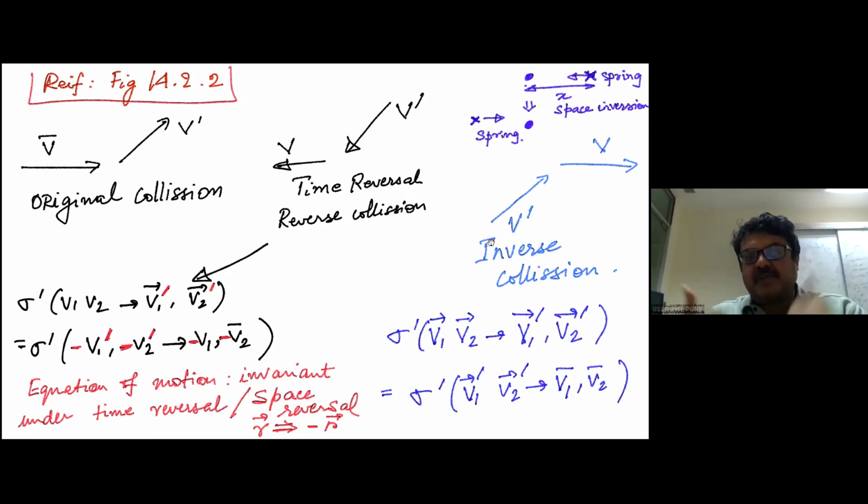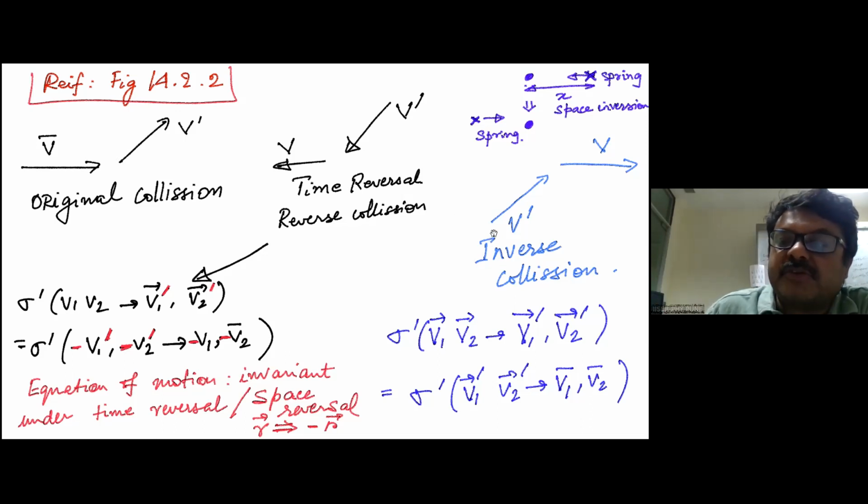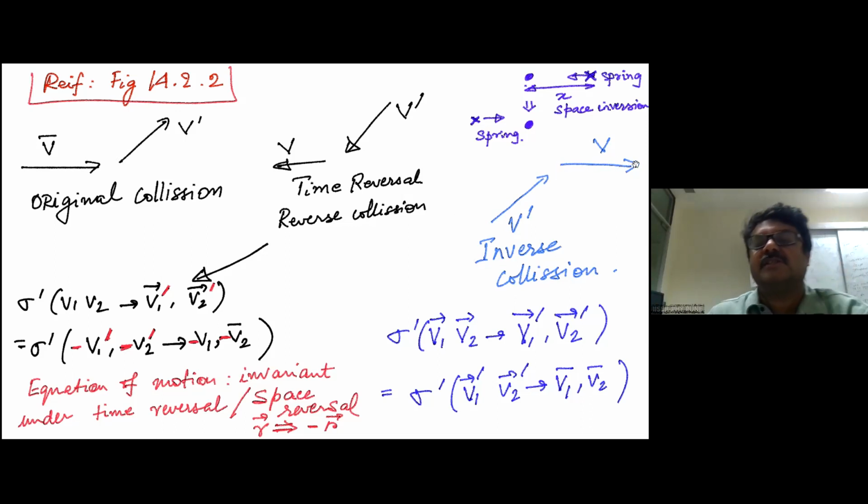So everything will happen in the opposite way: it would go in with v dash and emanate out, and as it goes ahead in time, it would go with velocity v. So that's the consequence of inverse collision.